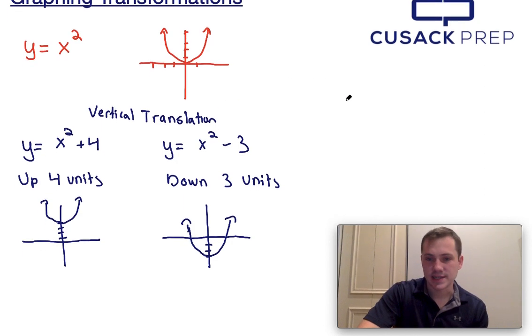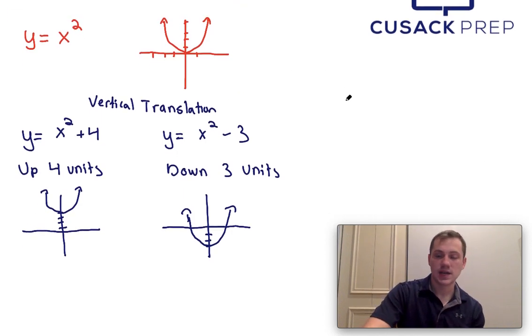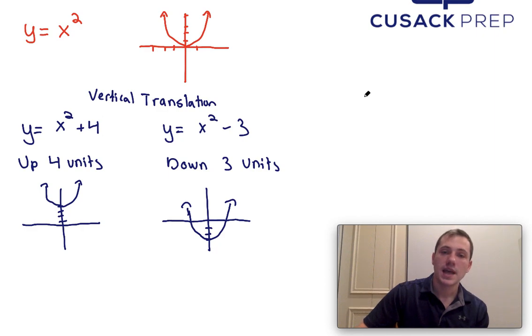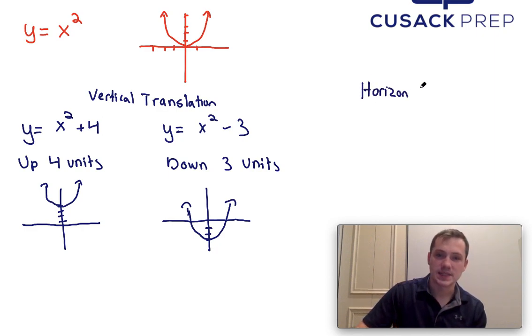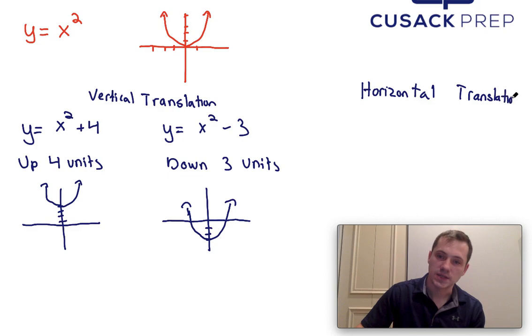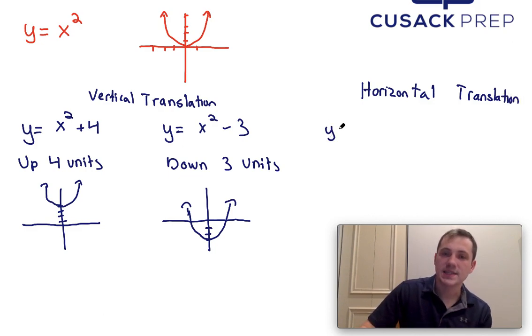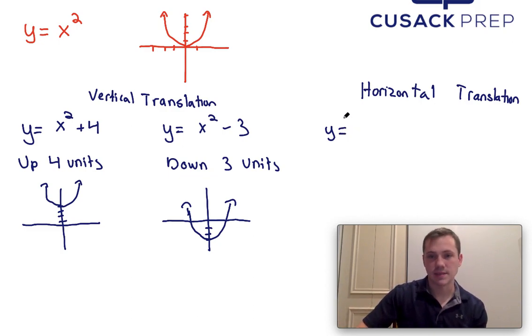Now we're going to contrast that with what you call a horizontal translation. Horizontal translations are a little bit counterintuitive. They don't always do what you think they're going to do. The way horizontal translations work is instead of being added on to the function at the end, you're replacing x with something.